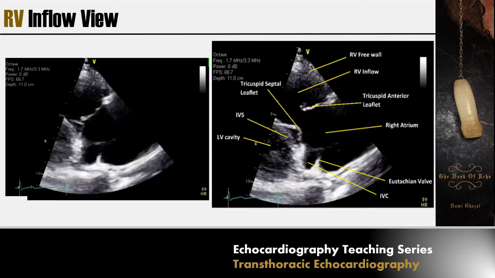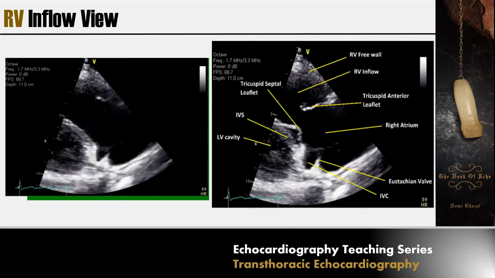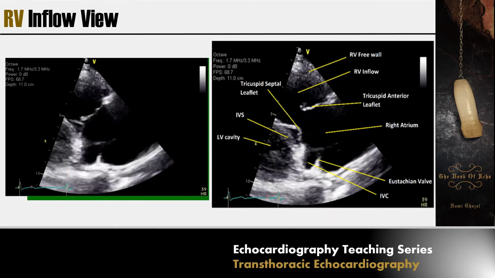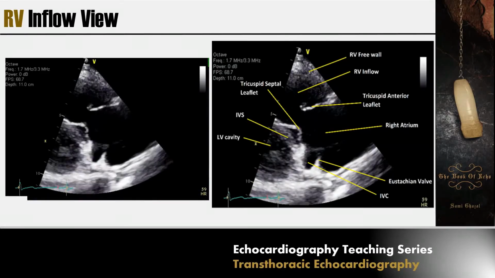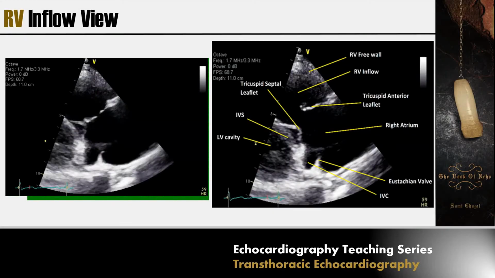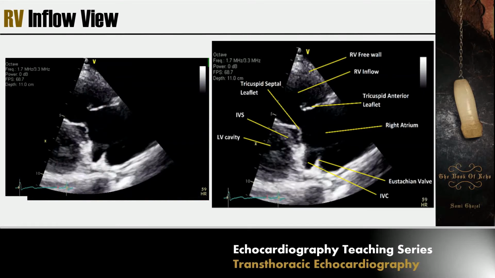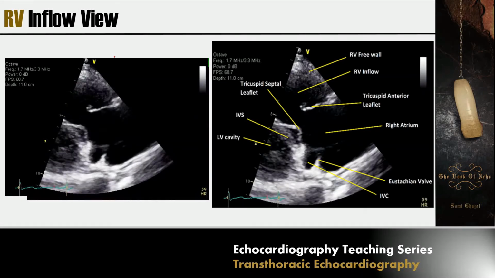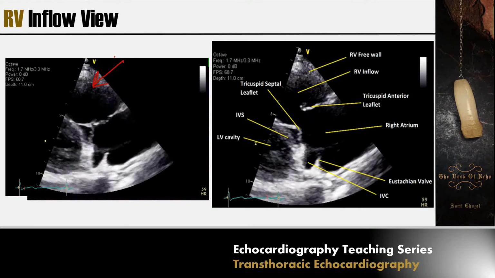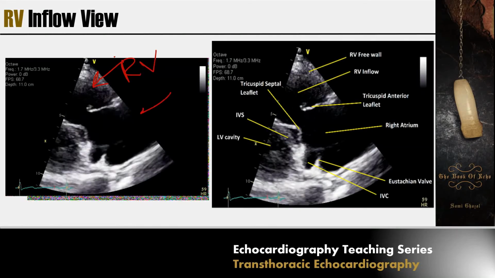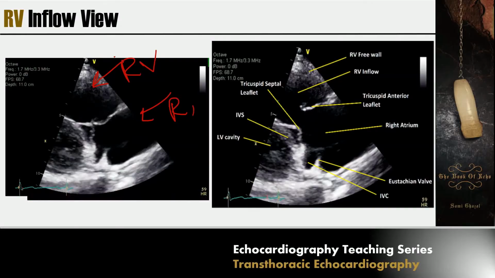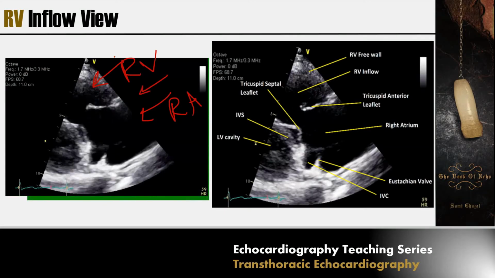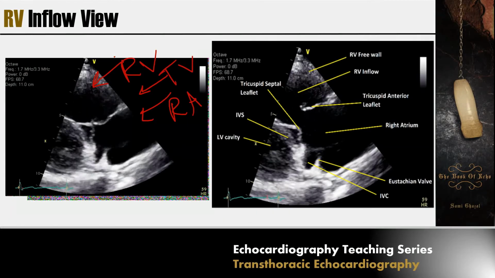This is the RV inflow view, where you can see a long axis view of the RV inflow. RV inflow, so it means the RV filling. You have the tricuspid valve here, and this is RV. Right atrium is here, and between them is tricuspid valve.